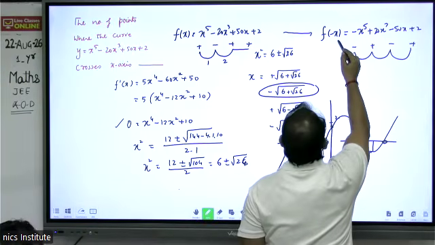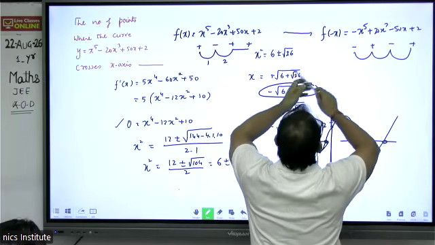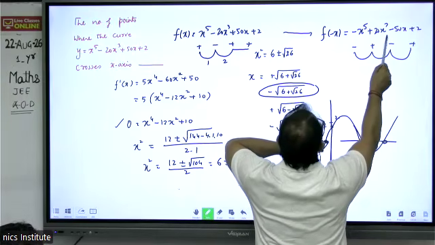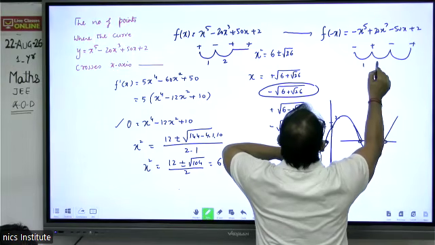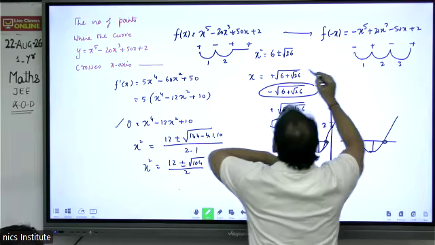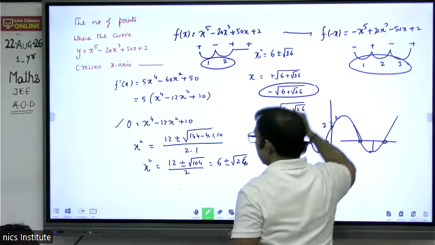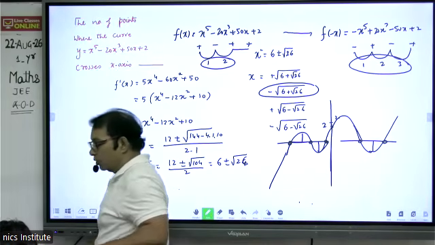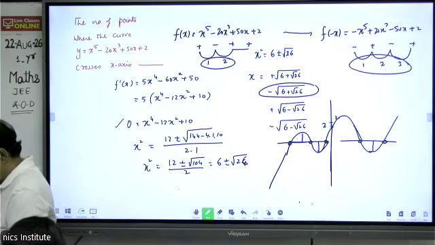I've replaced x by minus x and I see the sign changes: minus, plus, minus, plus. One, two, three. Three maximum negative roots are possible and two maximum positive roots are possible. If you add them up, it gives you five roots. So the graph will be intersecting the x-axis at 5 points.